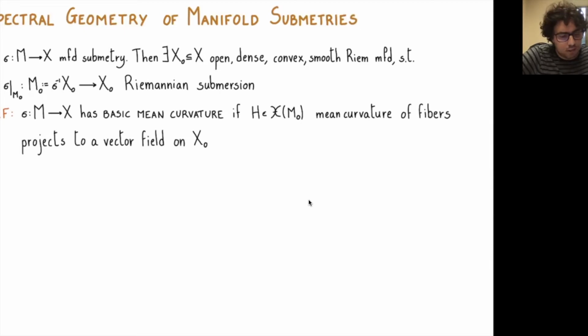We say the manifold submetry has basic mean curvature if this mean curvature vector field projects down to a vector field on X0. You may be wondering how special this is. Maybe rather special, but there are a bunch of situations in which we know that this is satisfied.